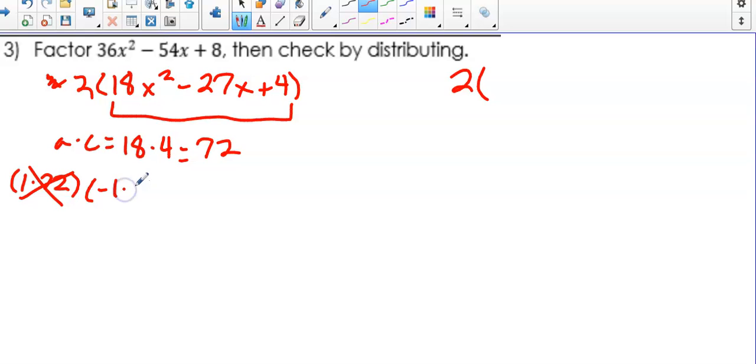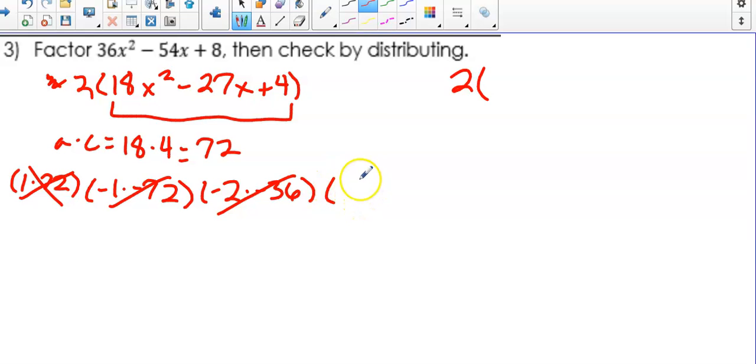I can just start listing out all of my negative factors, and that'll save me some time and effort. Negative 1 plus negative 72 doesn't equal negative 27. Negative 2 and negative 36 equal negative 38 when we add them, so that doesn't work.